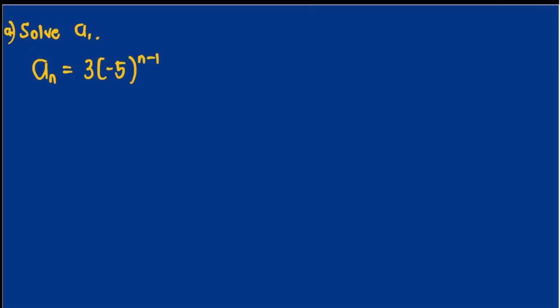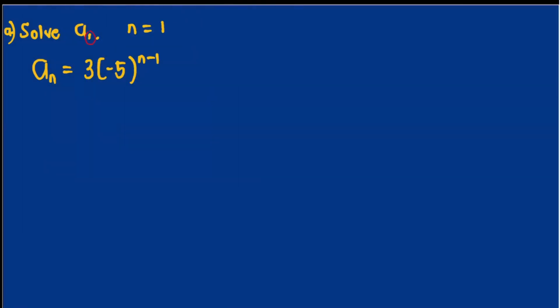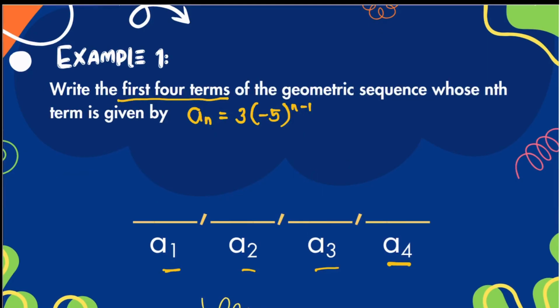So, pag sinabi natin a sub 1, that means ang n natin is equal to 1. Kasi, sabi dito a sub 1, ayan. So, that is n. Diba? Kung babalikan natin yung formula, ayan yan. So, ang n natin is yung 1 yan.